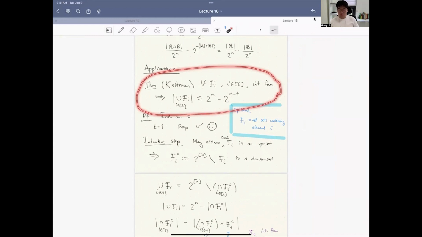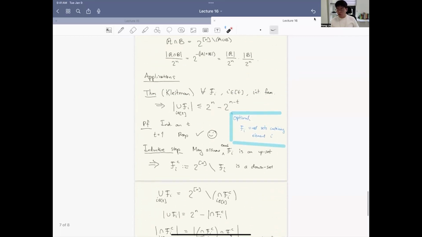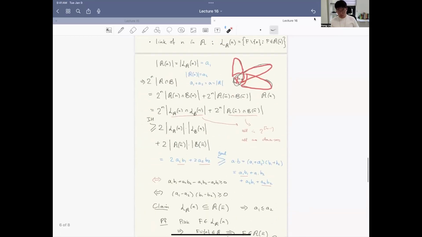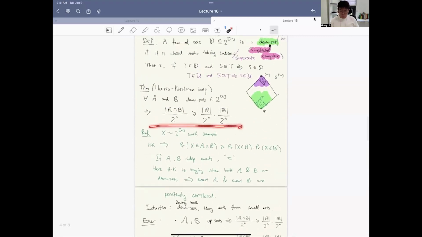You ask for their union, to give an upper bound on the cardinality of the union. It has nothing to do with probability, but we can somehow phrase it into this correlation inequality and use Harris-Kleitman to give a short proof of that.